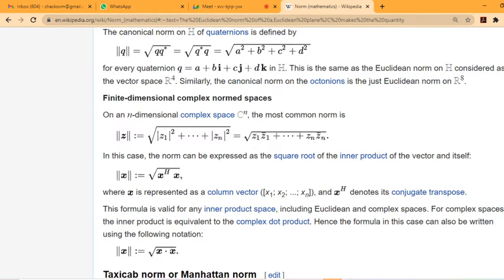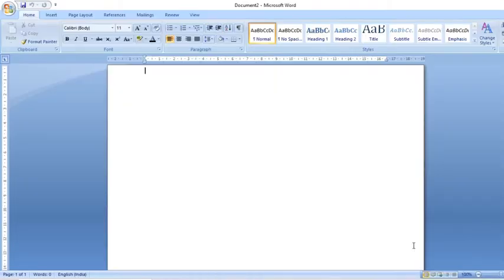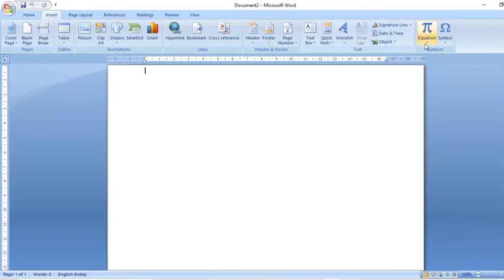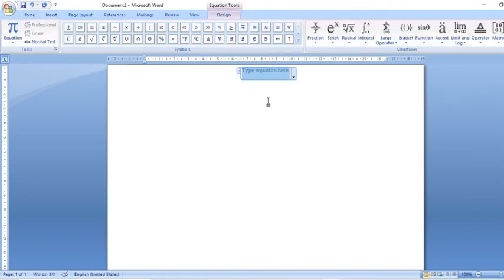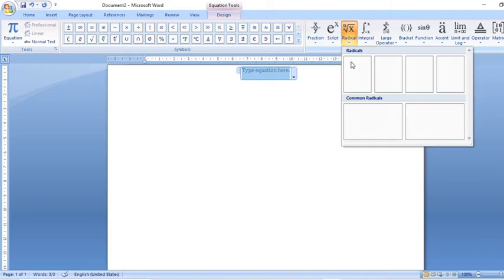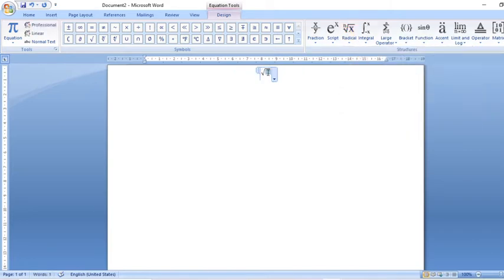I will show you the example. What will be the form of the norm? It will be something like y1 minus x1 square plus y2 minus x2 square.